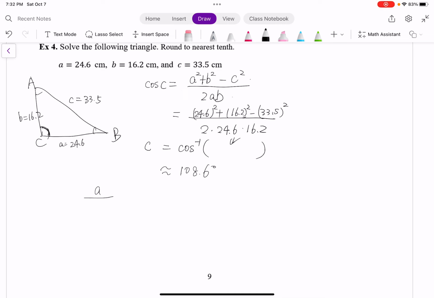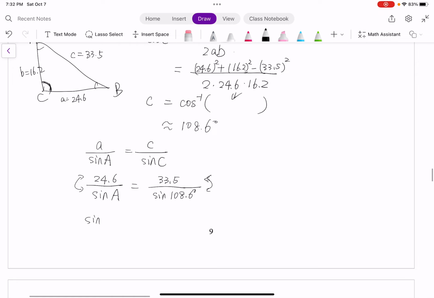I know that using the law of sines, a over sine A equals c over sine C. So a is 24.6, sine A is not given, c is 33.5, all divided by sine 108.6 degrees. I'm solving for the angle A, so let's flip this.